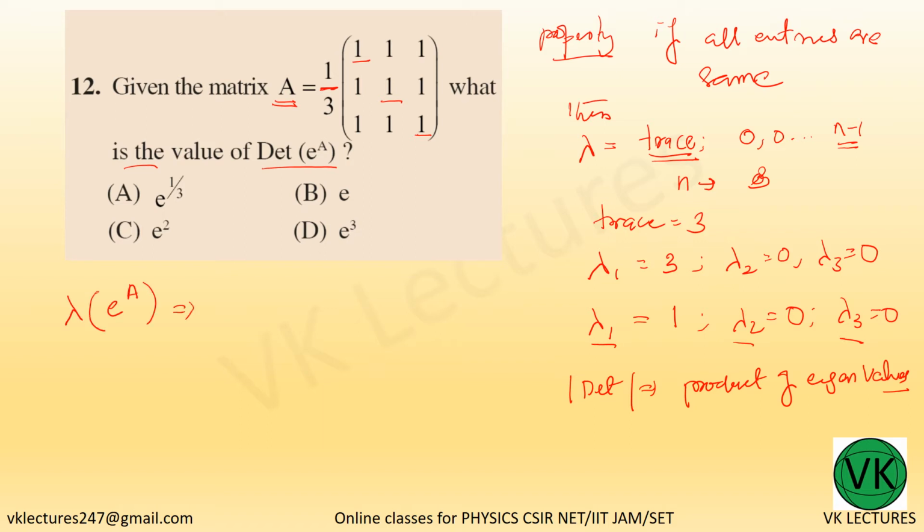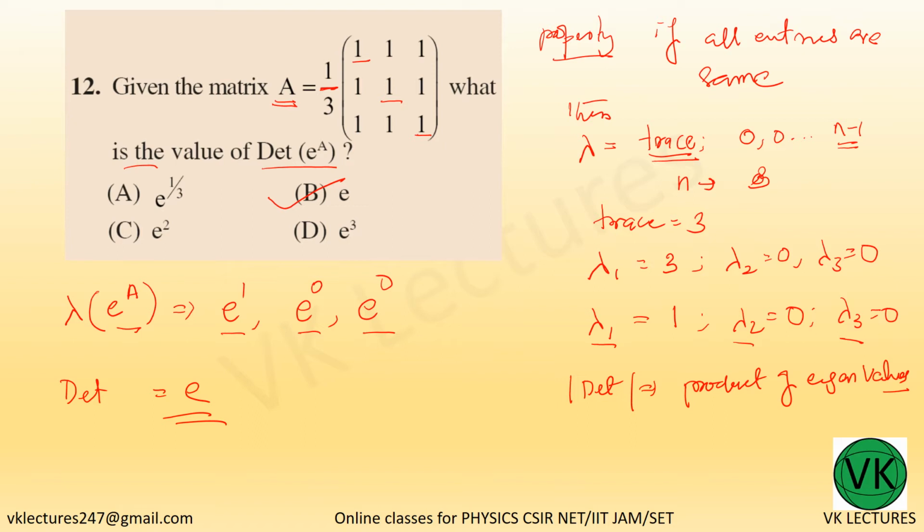That is nothing but e to the power 1, e to the power 0 and e to the power 0. These are the eigenvalues of e to the power A. So what is the determinant? Determinant is product. E to the power 0 is 1, e to the power 0 is 1, e to the power 1 is e. So determinant equal to e. So your option B.